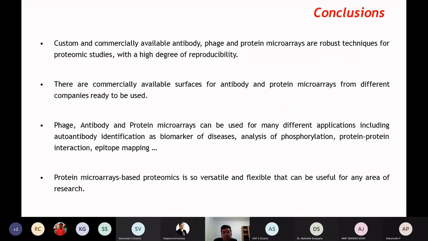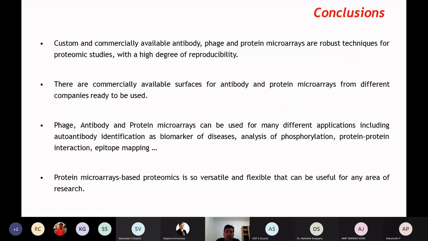So just as a brief summary of the talk and the messages to take home: custom and commercially available antibody, phage, and protein microarrays are robust techniques for proteomic studies with a high degree of reproducibility.